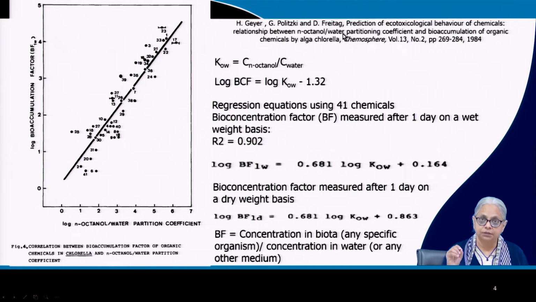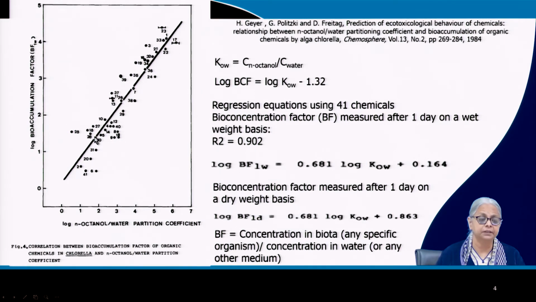Okay, so this chlorella species, which is an algal species, has been exposed to 41 different chemicals, and these are the bioaccumulation. Now, when you add a particular chemical to water, and then you try to grow a particular species, whether it's algae, whether it's bacteria, whatever it may be, you can harvest those cells and then determine how much of that chemical is still present in the tissue of those cells. Okay, and that is, I think, what they have done here.